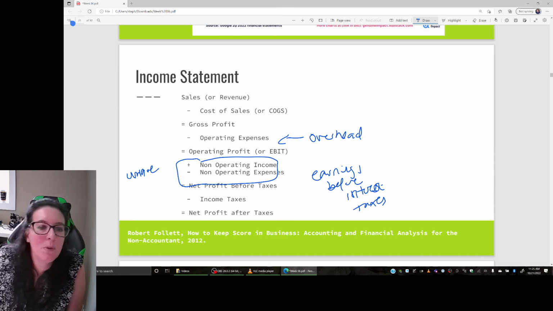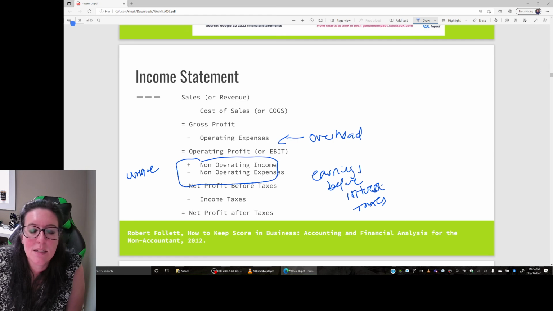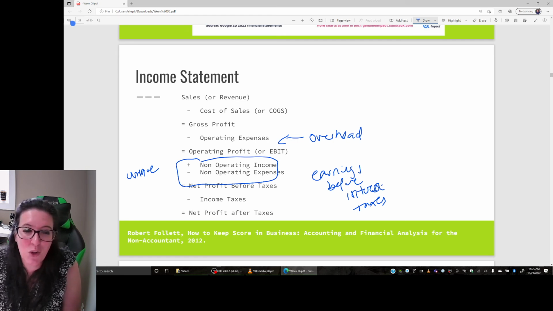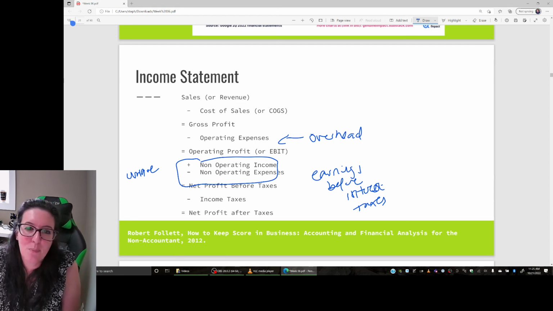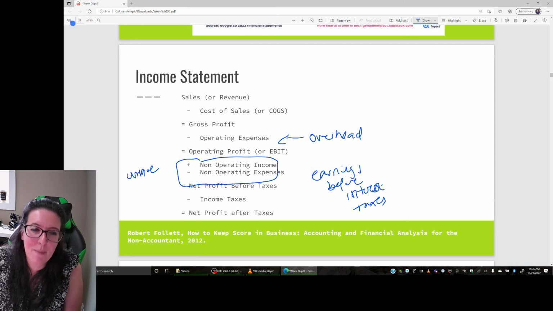So for example, let's suppose that we decide to relocate our operations. So we're going to have some additional expenses related to that move. Maybe we're involved in a lawsuit, so we have lawyer expenses. Those are all non-operating expenses. If we sell off a portion of the organization and so we make money from that, we have non-operating income.